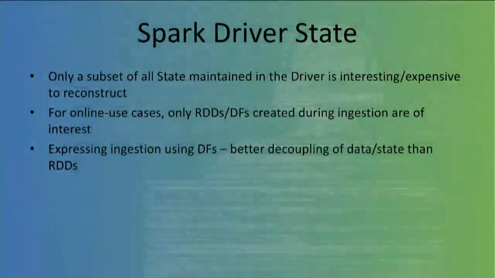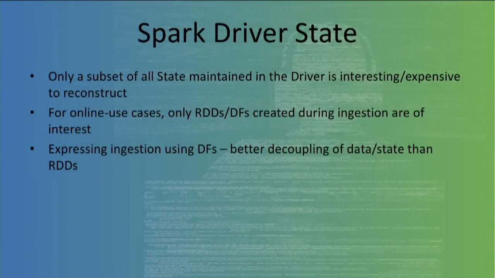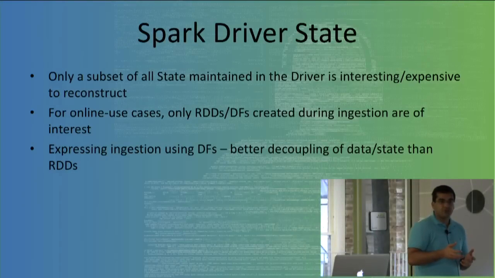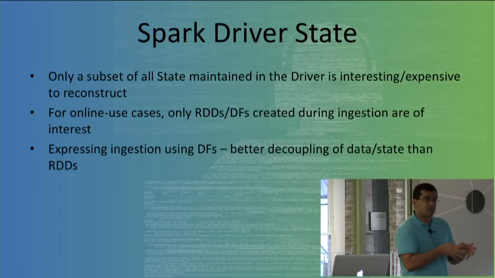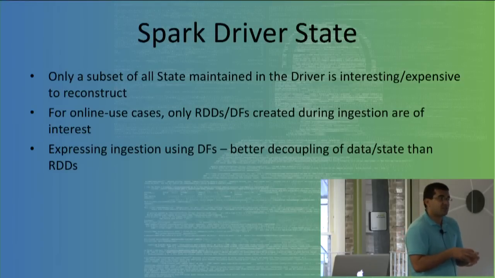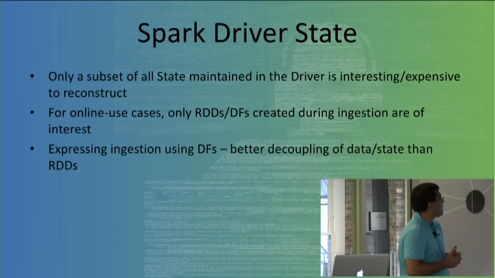To start off with, the Spark driver, you can look at it as a general Java or a general JVM process, right? Now, not all the state inside this process is interesting to you. Specifically for the online use cases that we've been talking about, only a certain subset of this state is interesting, and only a certain subset is the kind that is actually pretty expensive to regenerate, right?